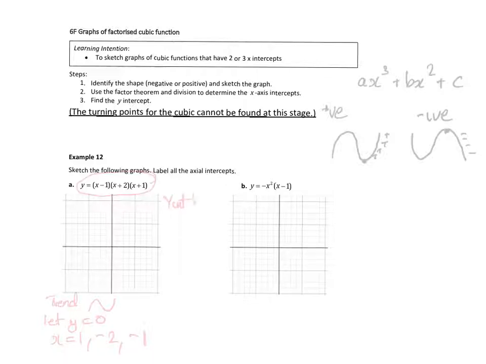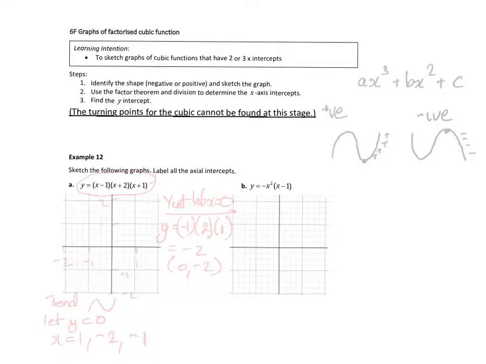Okay, y-intercept, let x equal 0. Let's try that out. And you get y is equal to negative 1 times positive 2 times positive 1. Okay, because 0 take away 1 is minus 1. And when you multiply them all out, you get a negative 2. So that coordinate is 0, negative 2.